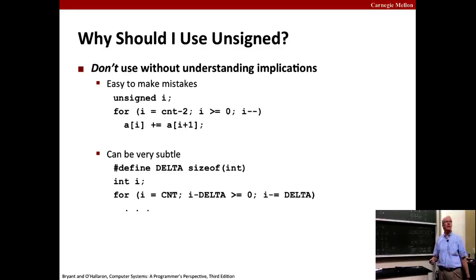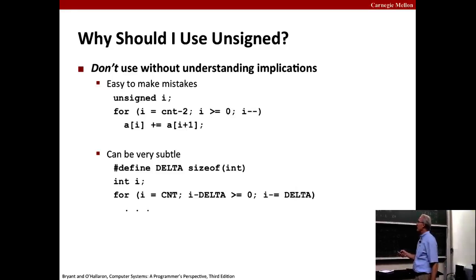So the thing will be in an infinite loop. Actually, what will happen is it will go down to 0, and then it will wrap around to become the largest possible unsigned number, which is probably way out of bounds, and it will give a memory error. But it won't do what it's supposed to. And as I mentioned before, there's a lot of sneaky ways this problem can show up in ways you might never think of.